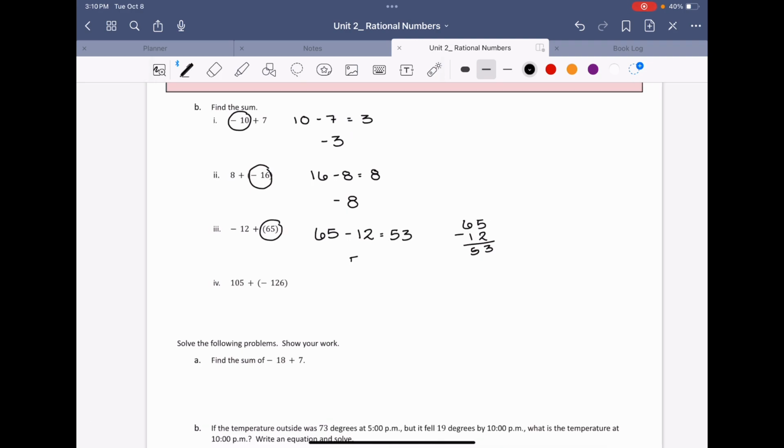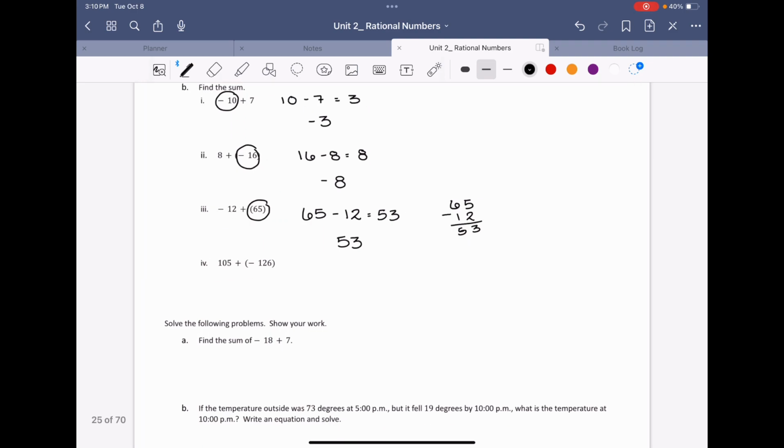And this should be a positive 53. And my last one, I've got 126 minus 105. When I subtract those, I should get 21. And since 126 is bigger, it should be negative 21.